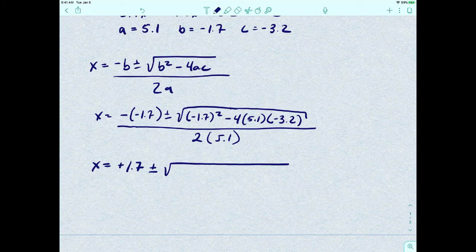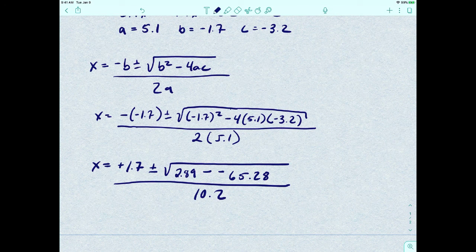So if we take negative 1.7 squared, we should have 2.89 minus 4 times 5.1 times negative 3.2, that should give us a negative 65.28. Then divide that by 2 times 5.1, that gives me 10.2.